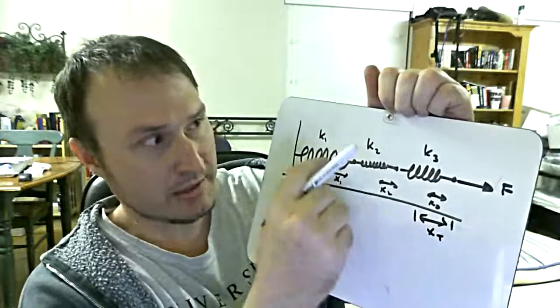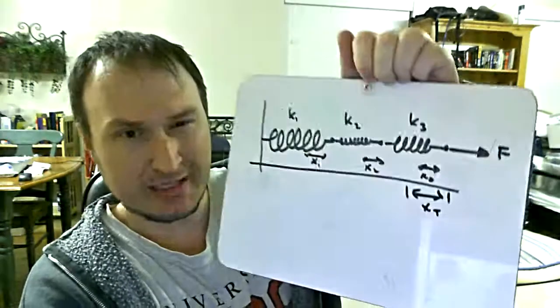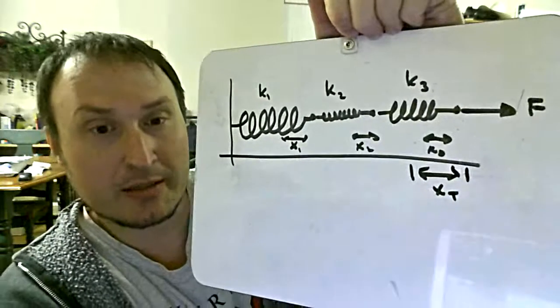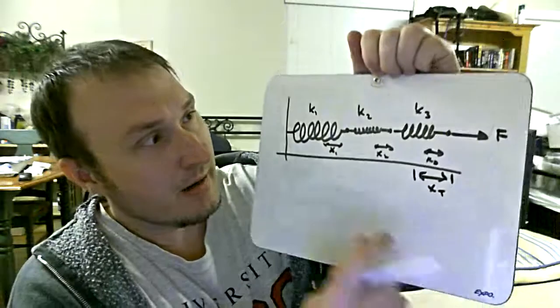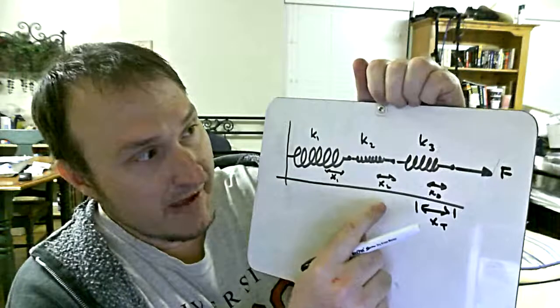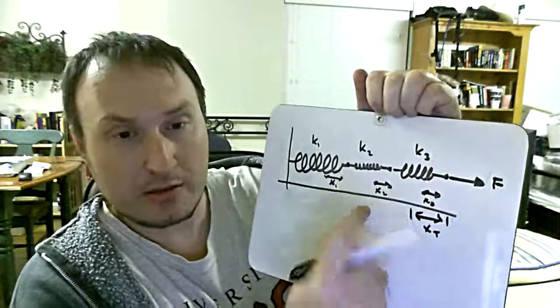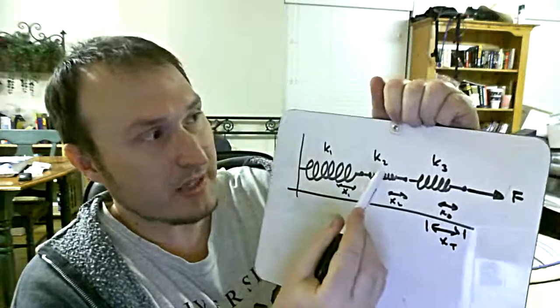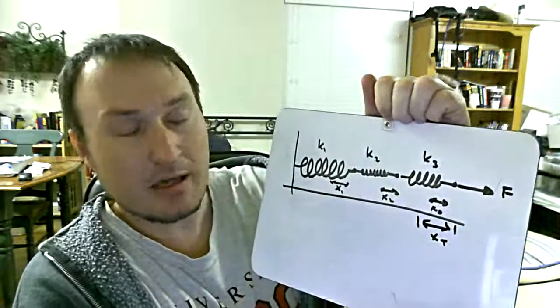I'm calling these spring 1, spring 2, spring 3. I tried to draw them so they looked a little different, a big spring, a little spring, and a medium spring. They will, in fact, stretch different lengths because they're of different strengths. And so I've also shown that they have different spring constants there.